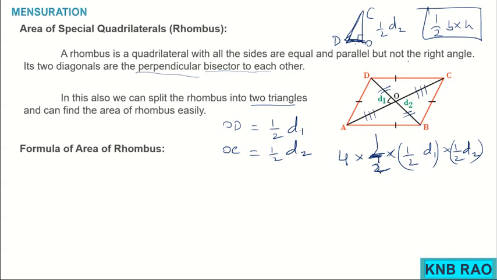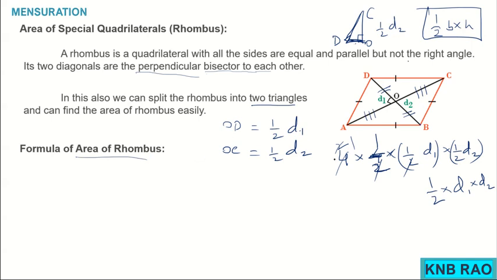Now, you watch here, this 2 and this 2 will make 4, completely cancelled. Now, I am left with only 1 half. Out of 3 halves I am left with only 1 half into D1 into D2, which gives the area of the complete rhombus, right. So, that is the formula to find the area of a rhombus. Is it clear?